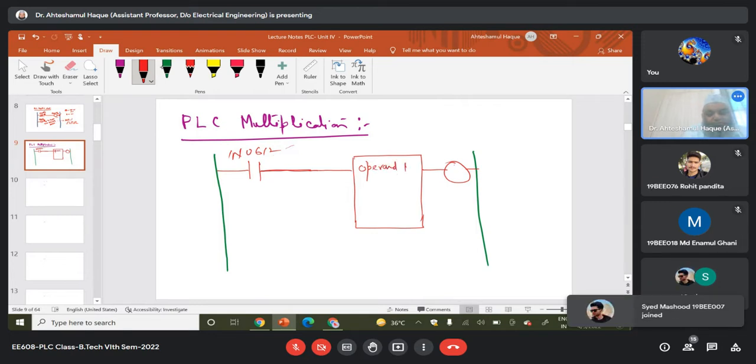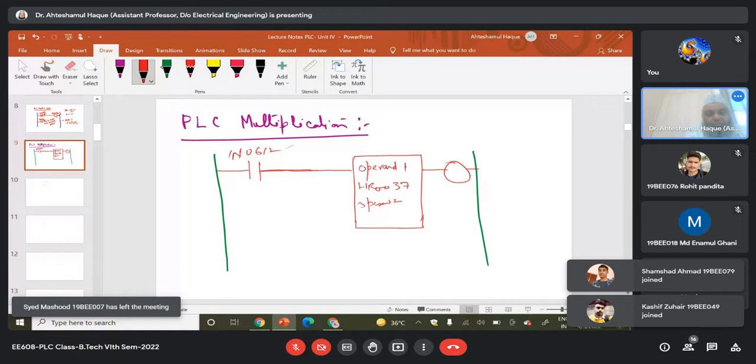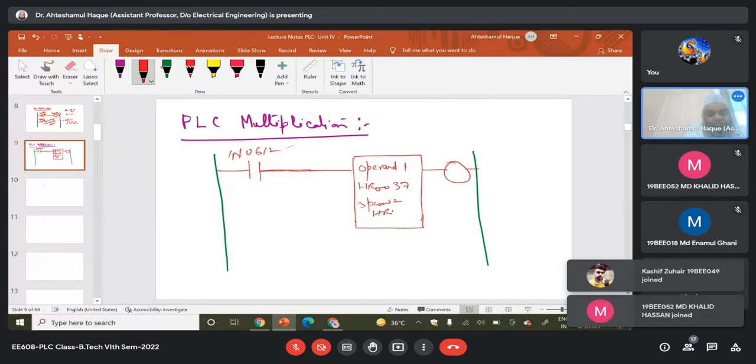Operand 1 is holding register address 0037. Then I have operand 2, again a holding register, or input register, you can say 0081.